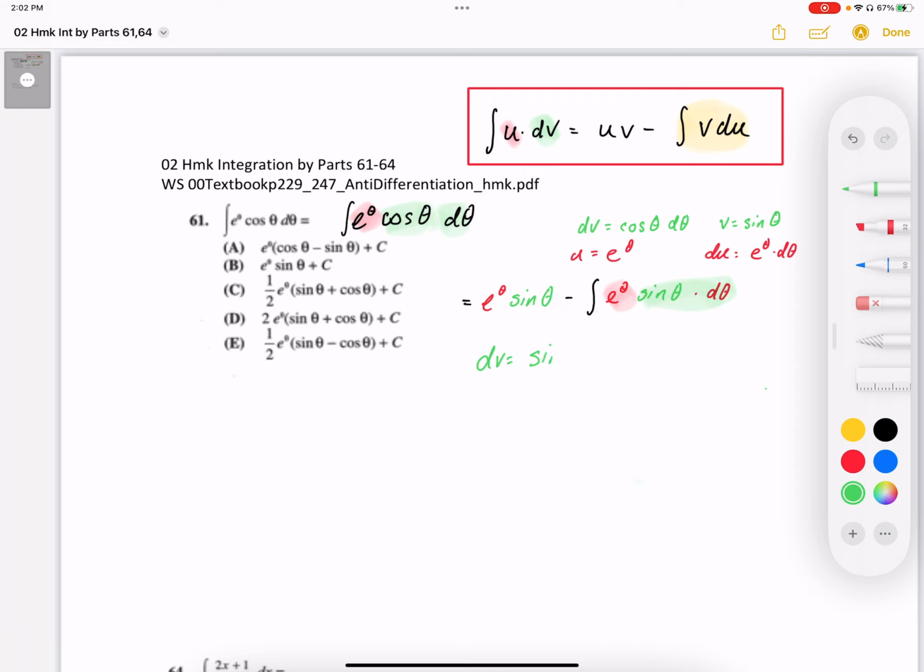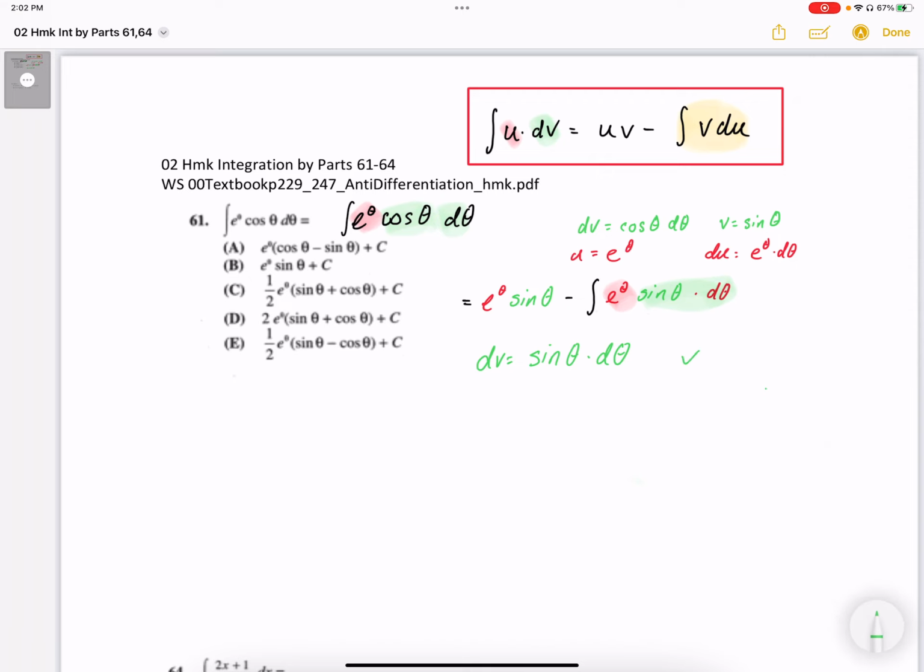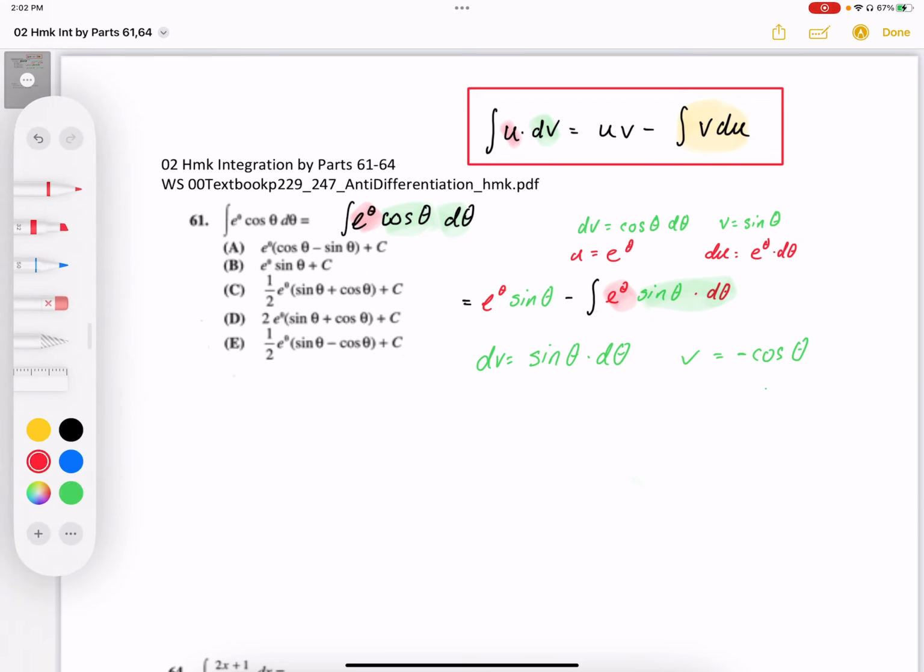So dv is sin θ, and v is the integral of that, which is negative cos θ. And it's important to keep track of your pluses and minuses. So my u works out to be e^θ, very similarly to the above. du is e^θ dθ.